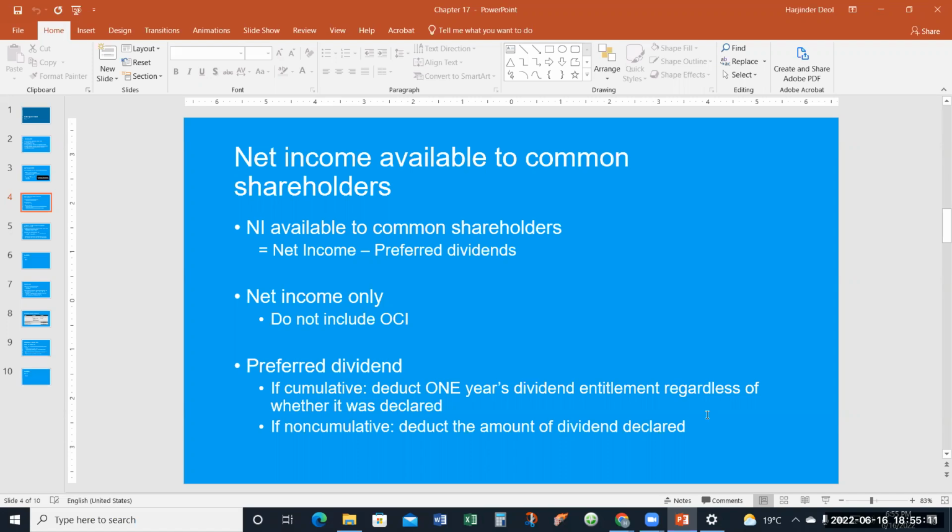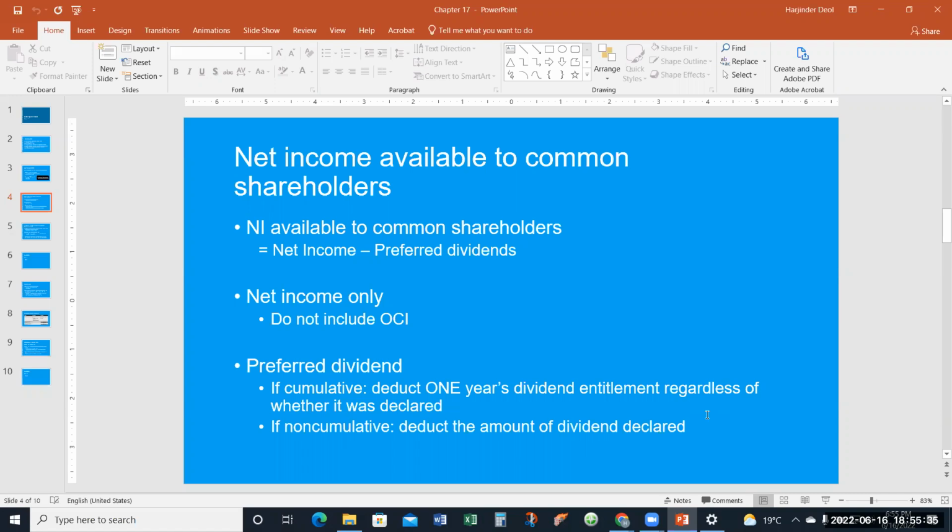No, because earnings per share is for the current time period. The net income that the company has earned is for the current year, and the EPS that we are calculating is for the current year. So you only subtract one year's worth of dividend if the preferred shares are cumulative. One year only, no other amount.